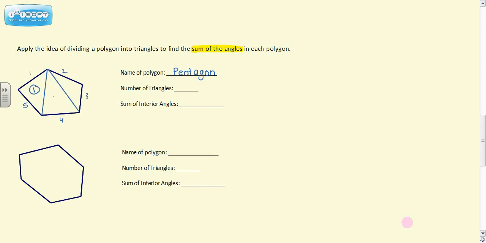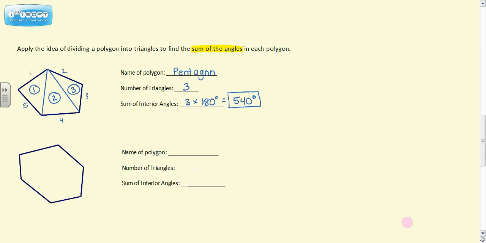Here I've got 1, 2, 3 triangles. So the sum of the interior angles is therefore 3 times 180 degrees, which gives me 540 degrees. So the pentagon, which has 5 sides, should have a sum of interior angles of 540 degrees.